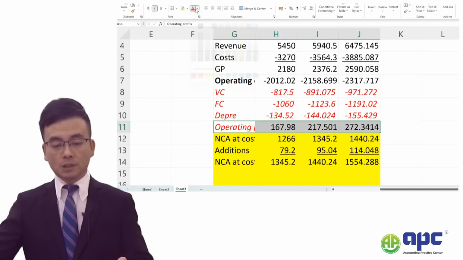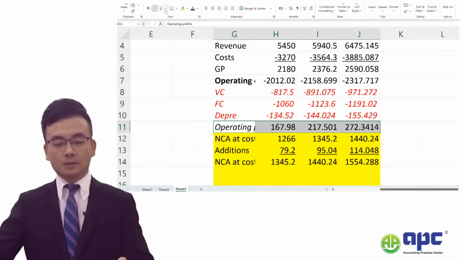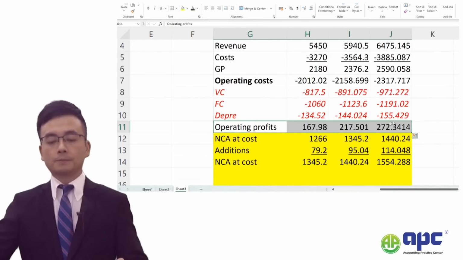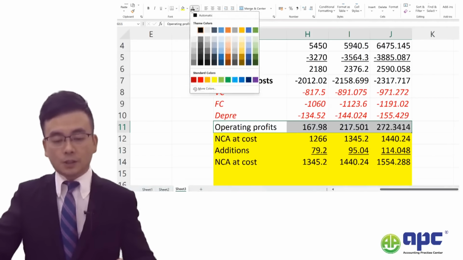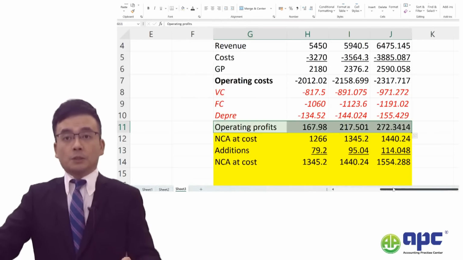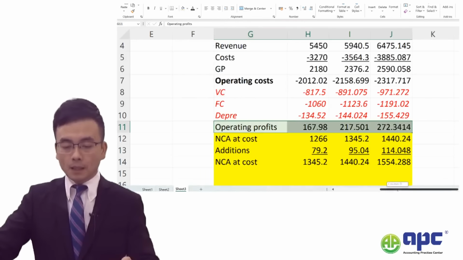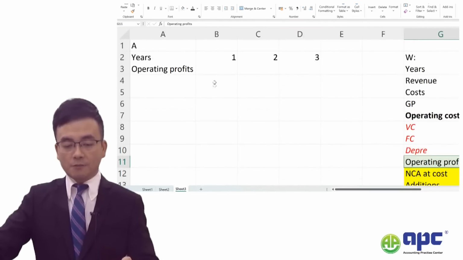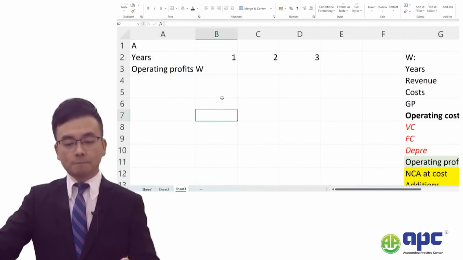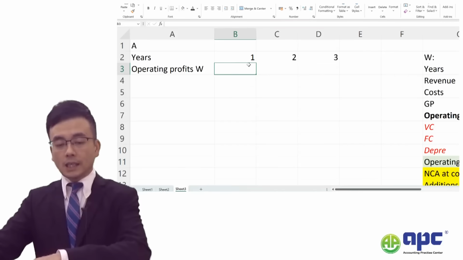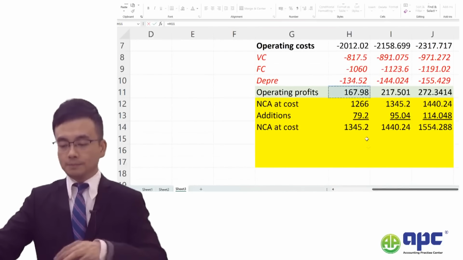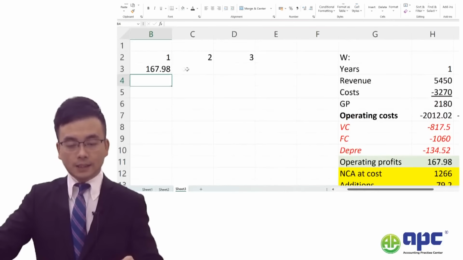Okay, so you can use another colour, it's entirely up to you. For example, I like to use another colour, green, why not? It's fine that you use different colours in the exam. Operating profit, okay, at the very first start, we tell the marker that according to working, and then equals to the operating profit there, click enter, and then drag it here.